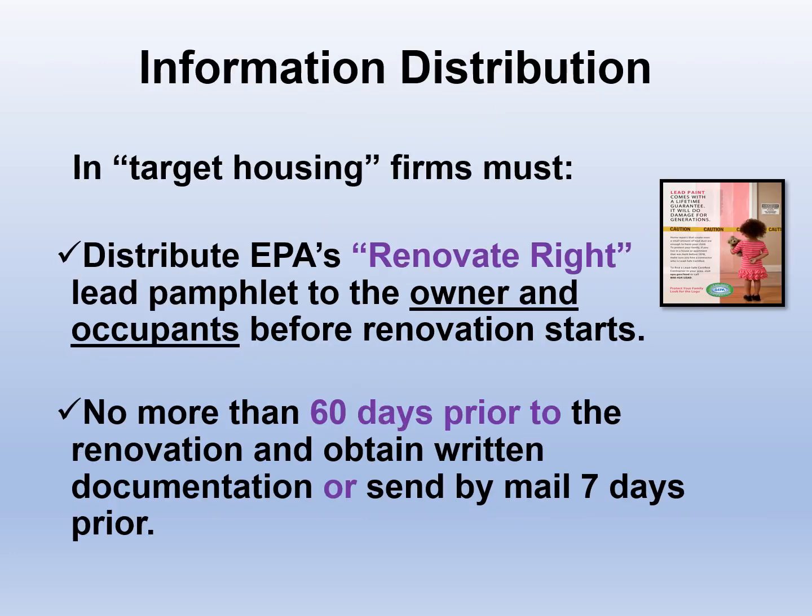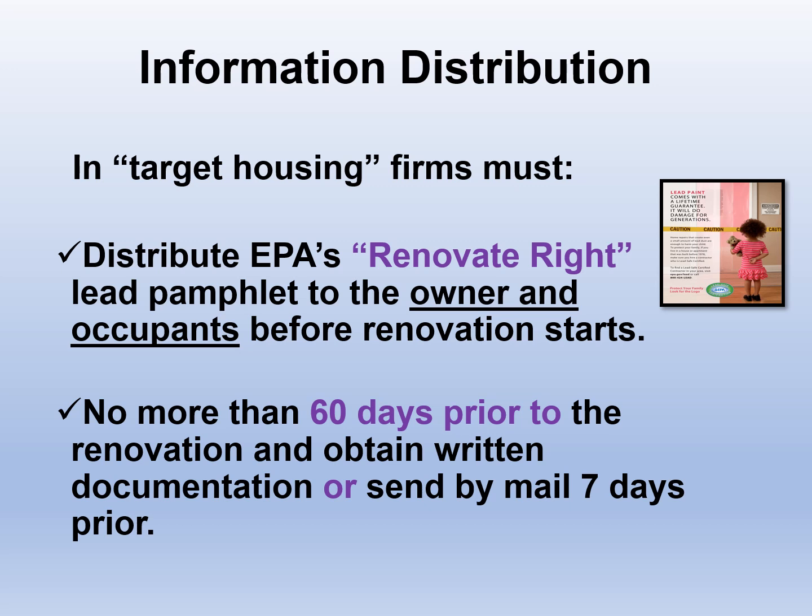Now, there is another very important provision of the RRP rule, which is information distribution. When we talk about target housing, as we mentioned before, any housing built before 1978 or child occupied facilities, the firm must distribute what they call a Renovate Right pamphlet. This is authored by the EPA.